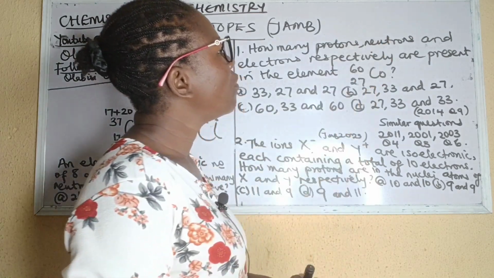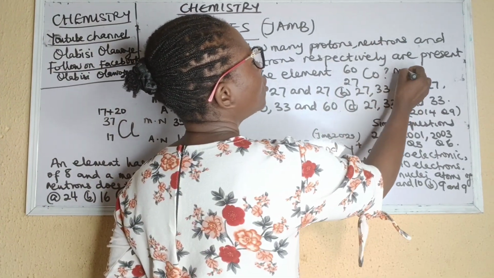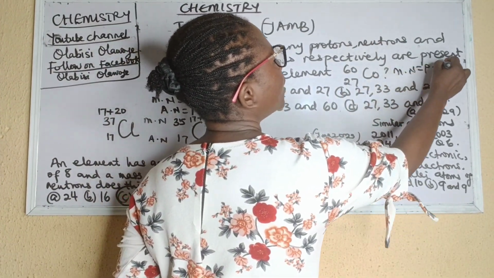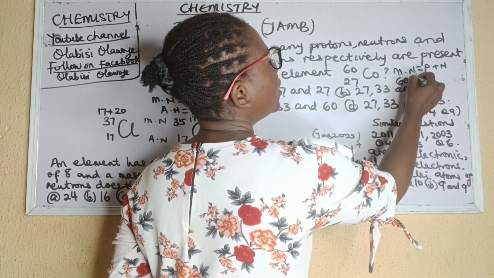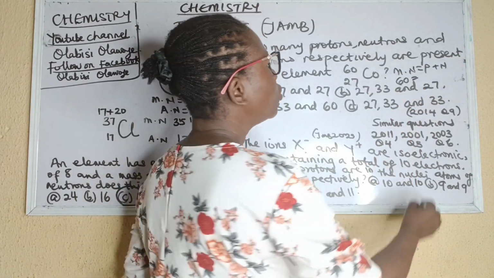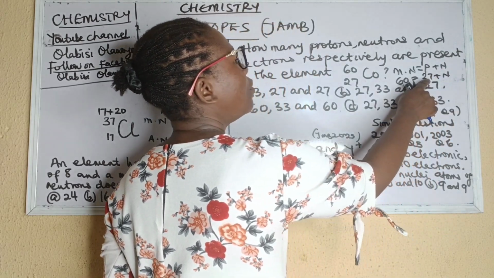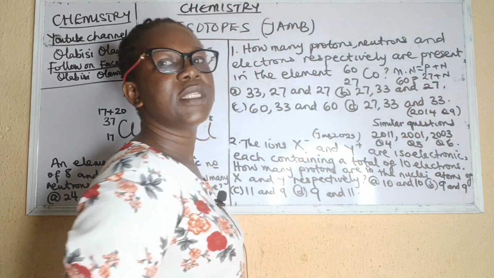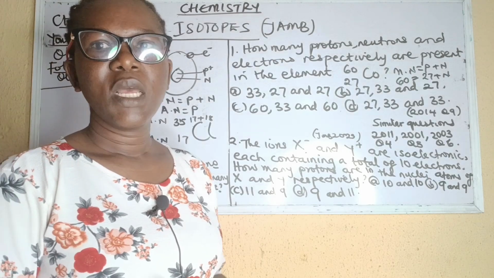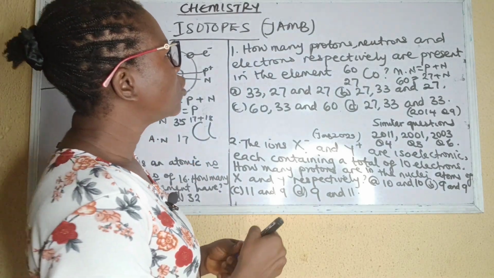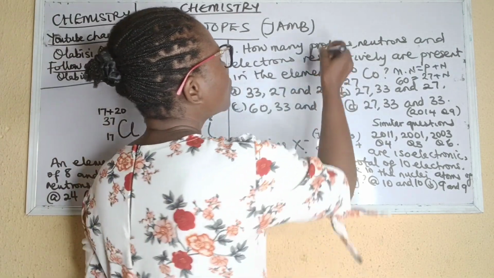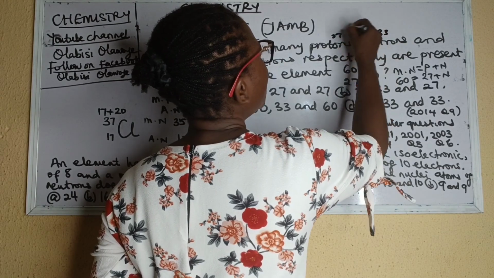So what is the number of neutrons? The mass number is the sum of proton and neutron. If the mass number is 60 and proton is 27, we get the neutron by simply deducting 27 from 60, and that gives us 33. So proton is 27, neutron is 33.